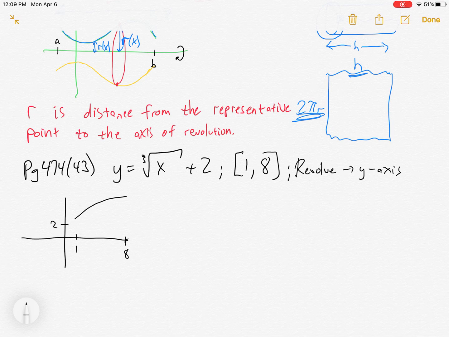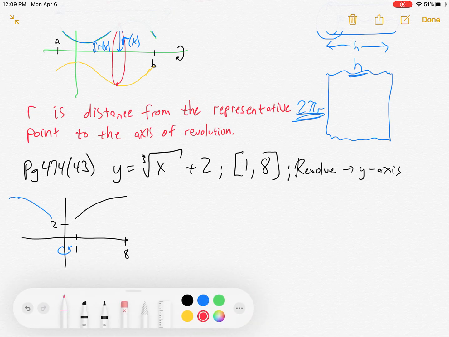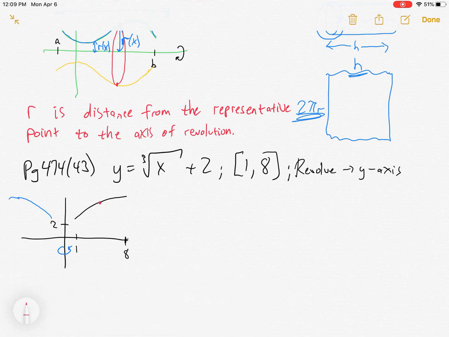Revolve around the y-axis. Okay, let's get some color going here. So if we revolve around the y-axis, this thing, you don't have to draw the mirror image over here, but I guess I'll do it on a few of these. So the representative point would be like here, and it would revolve there. So can you visualize that?